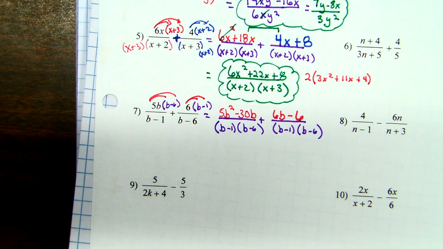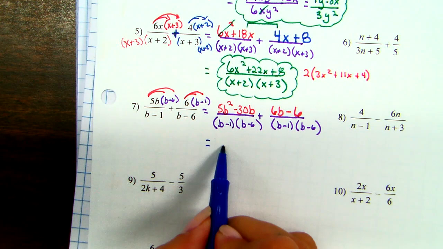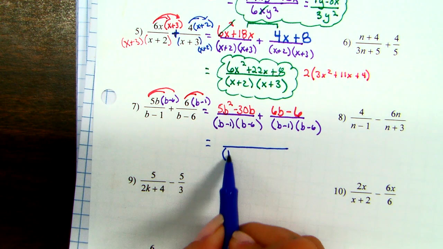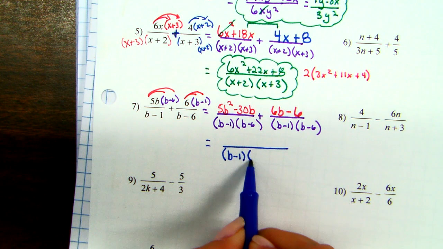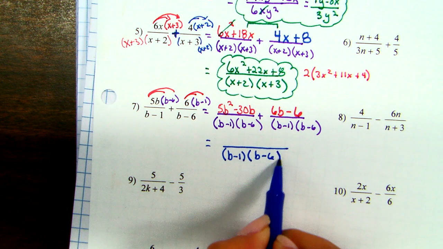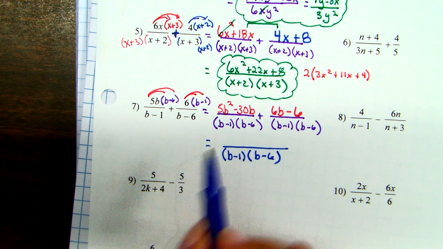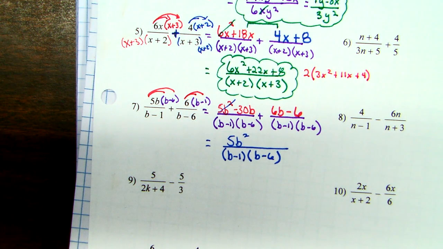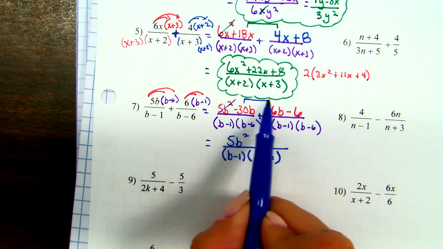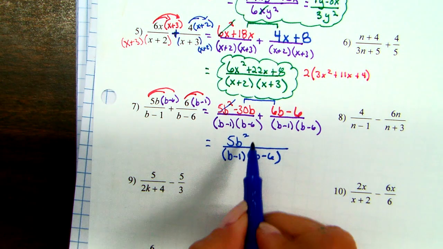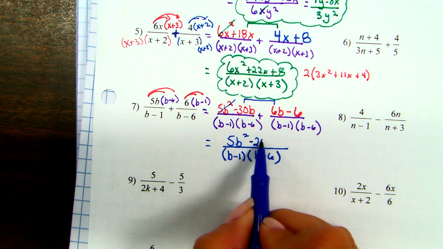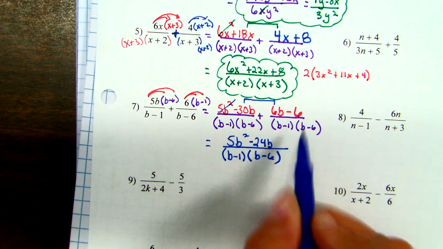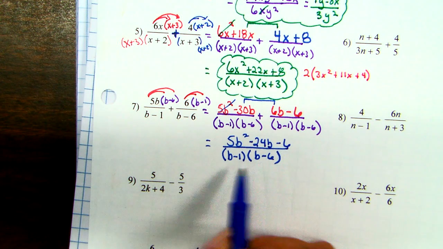And put it all together under one denominator. I have a b squared, I'll put that guy first. I have negative 30b plus 6b is negative 24b, and then that constant at the end of minus 6.